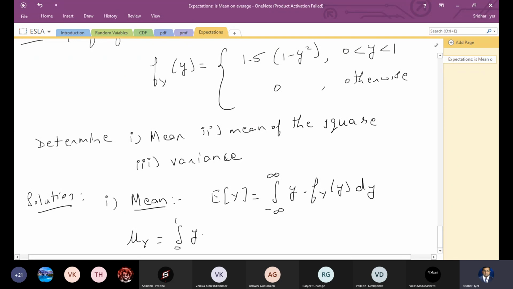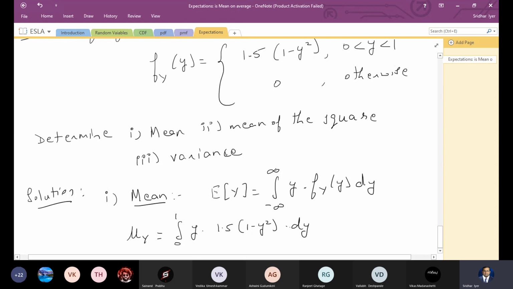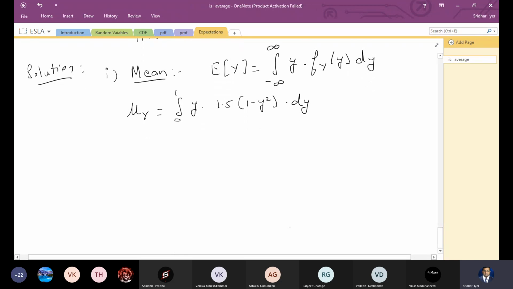You'll have y as it is, and between 0 and 1 the PDF is 1.5 into 1 minus y square, and the variable for the integral will be dy. The definition of mean is the integral of y f Y of y dy. We have just substituted the limit values and the value of the PDF, right? So from now on it just turns out to be solving the integral.